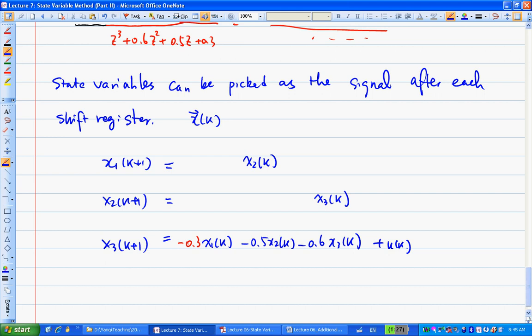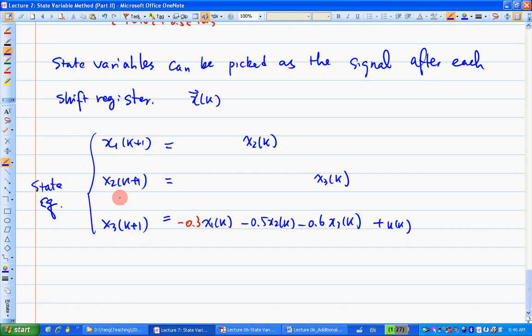Is that good? So this is the state equation. It is an equation describing the states, the state variables.